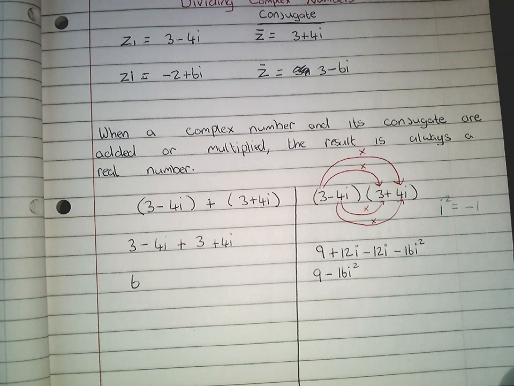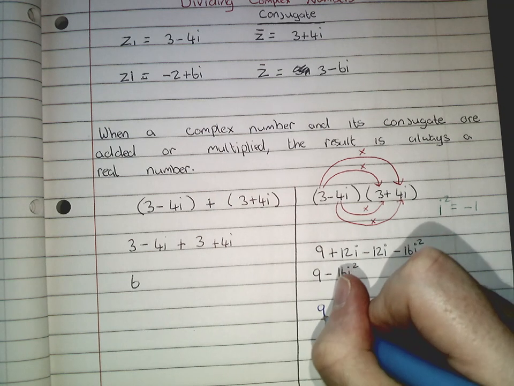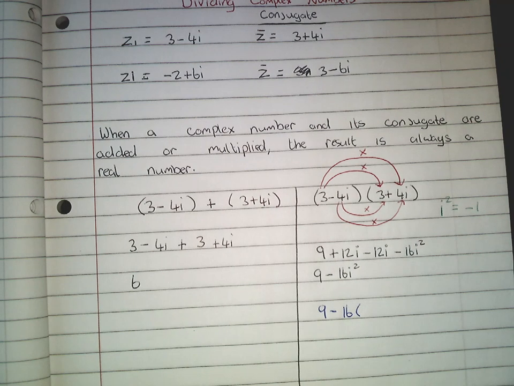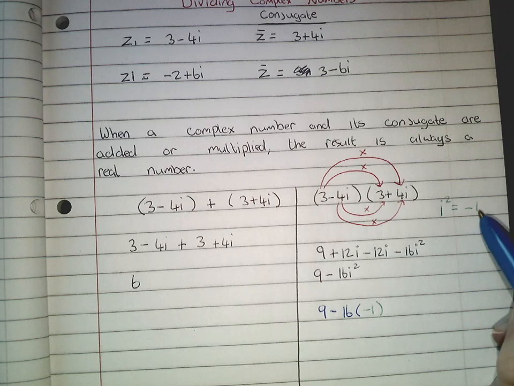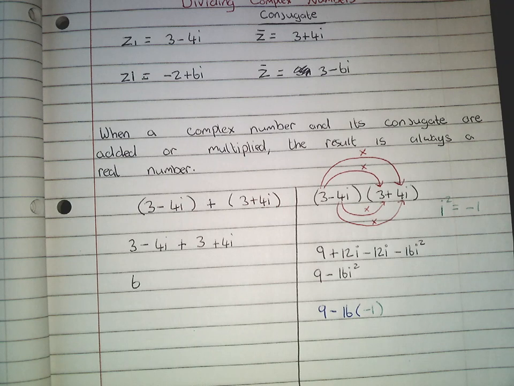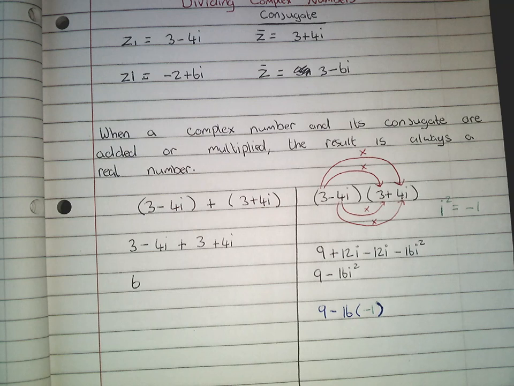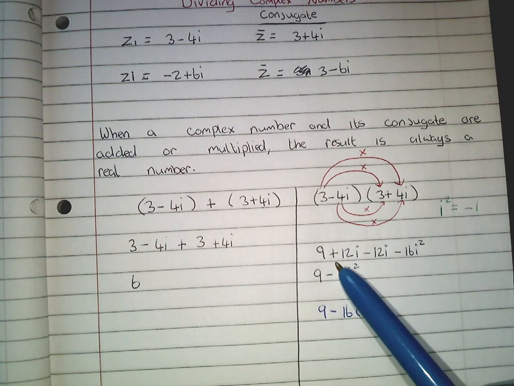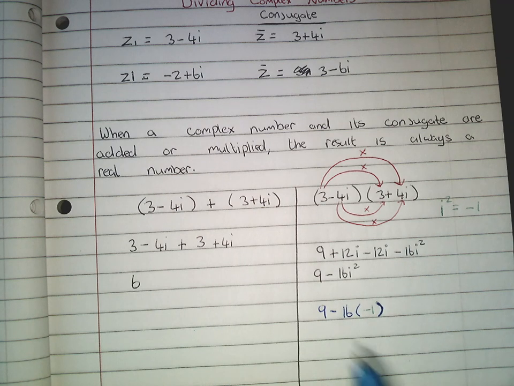So that becomes 9 minus 16 times minus 1. That minus 1 is coming from that rule. Remember, i squared is equal to minus 1, so where there's an i squared, we can just substitute in the value of minus 1. Then we can work this out.